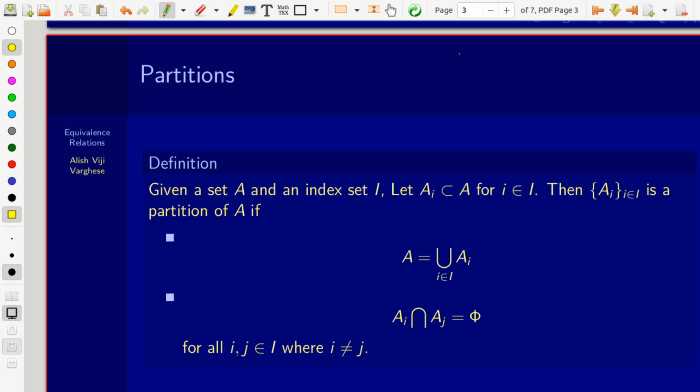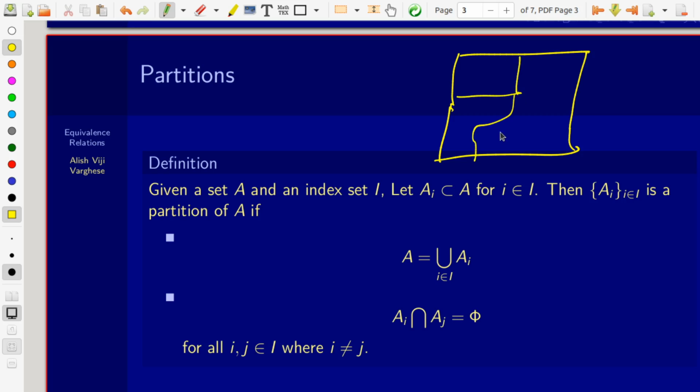So if we have a set capital A, then by partition we are looking for a collection of subsets of A such that the union of the A_i is equal to the total set A and the intersection is equal to phi.